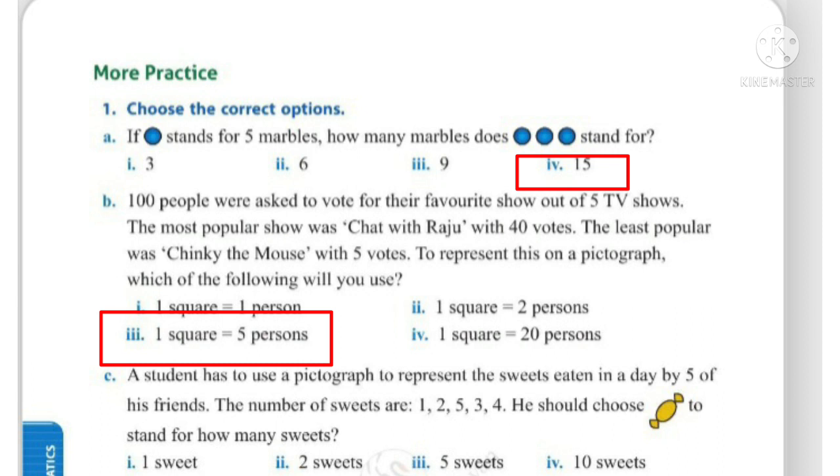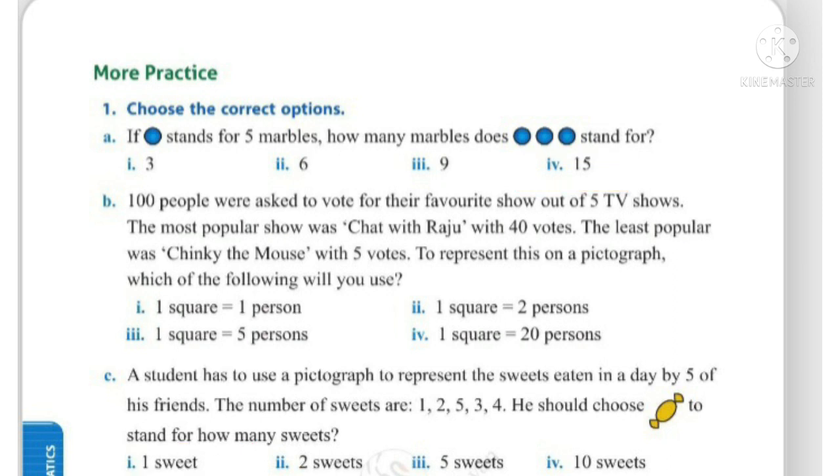So yes, in the question it is given the number of sweets are 1, 2, 5, 3, 4. So what is the least number of chocolate? That is 1. So this chocolate symbol, it stands for only 1 sweet. Okay. Yes. So that is the answer. Option number 1. Okay. 1 sweet. So he should choose that chocolate symbol to stand for 1 sweet.